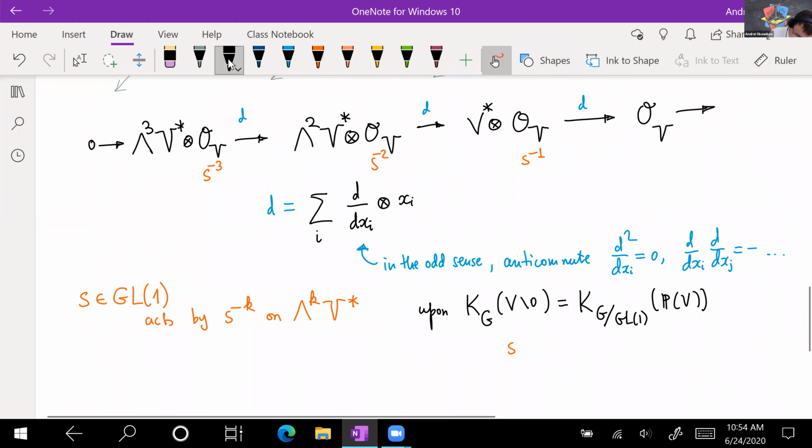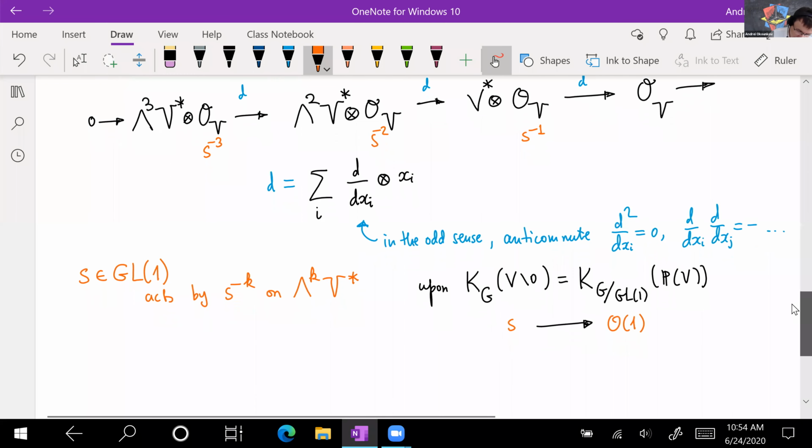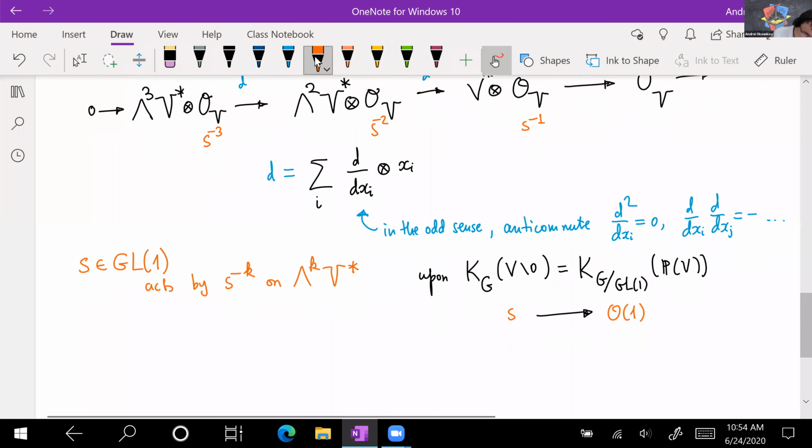Again, this is easy to convince yourself. It's going to be a line bundle here, and the function is going to be O(1). So you can check that. It's a good exercise to check this. And so this means we get this relation. With this relation, I can write s otherwise.